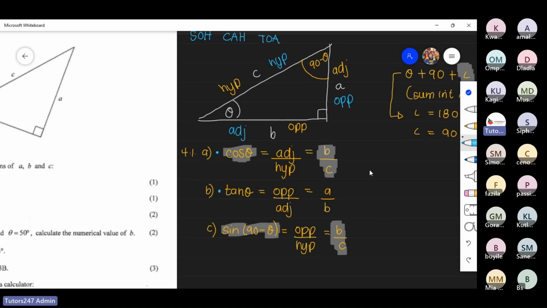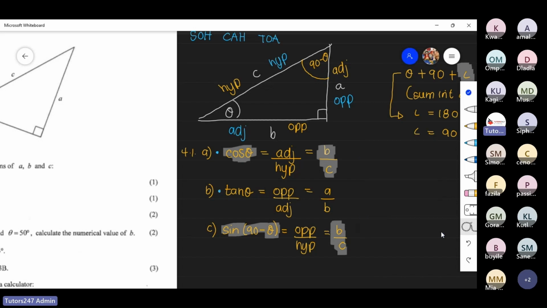So cos of 90 minus theta is equal to sine theta, and sine of 90 minus theta is equal to cos theta.